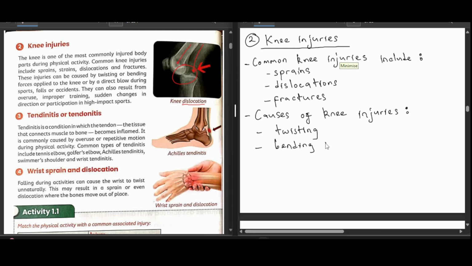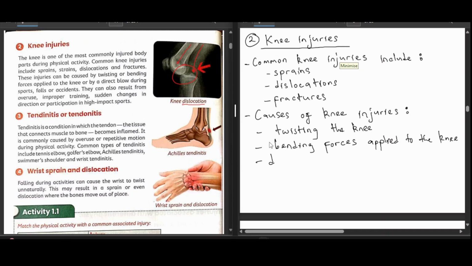These bending forces are applied to the knee area. We can also talk about a direct blow.